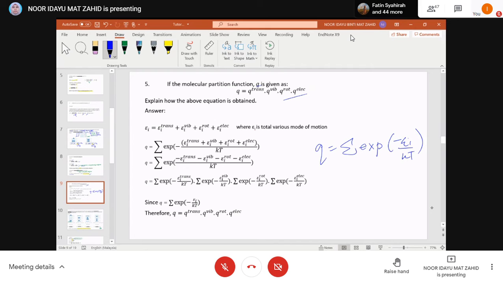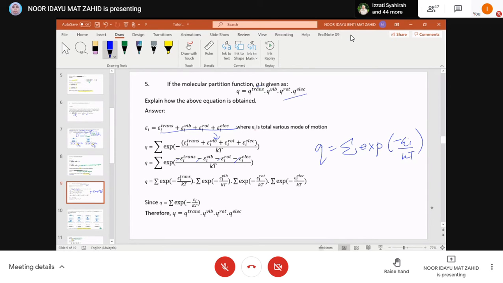So I just replace epsilon i with this one, so it appears like this. Here, negative in the bracket, I just remove the bracket, so it becomes negative, minus, minus, minus over kT, a mathematical rearrangement.